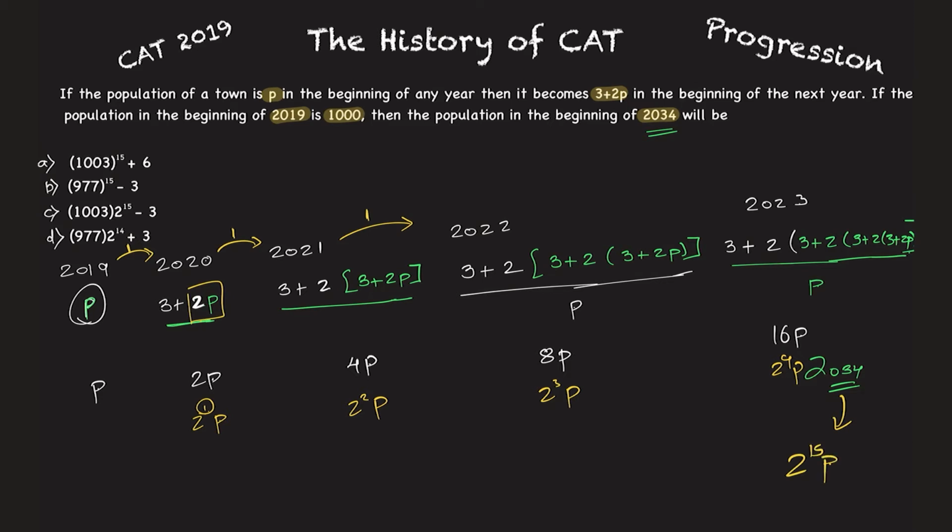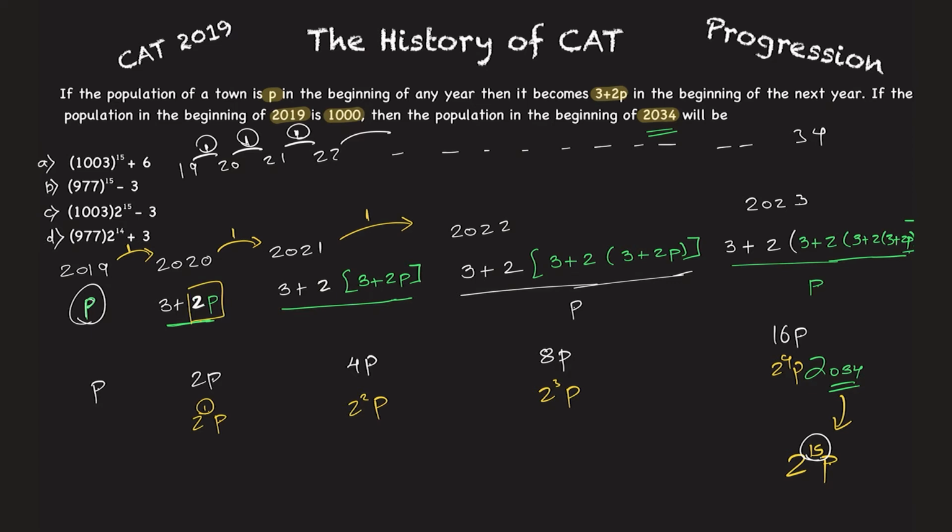If you're not able to visualize, you can do it manually, which you are not supposed to do in the exam: 2019 to 2020 to 2021 up to 2034, per jump you are adding 1, and you get 15 jumps. So we get 2 raised to 15p.